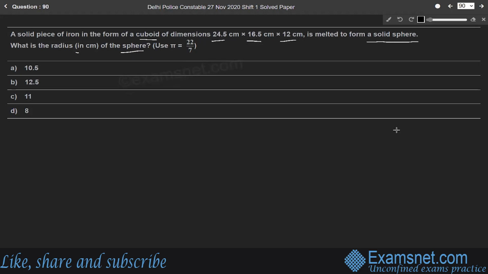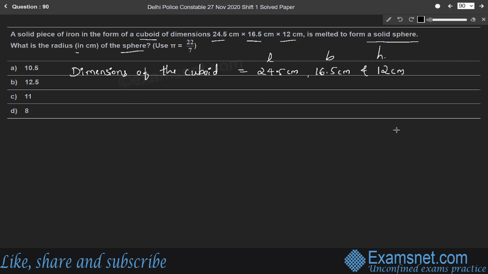So here, dimensions of the cuboid are 24.5 centimeter, 16.5 centimeter and 12 centimeter. They are the length, breadth and height of the cuboid.